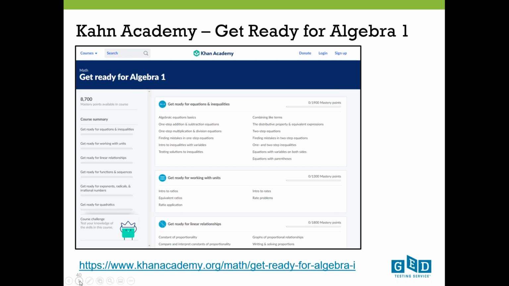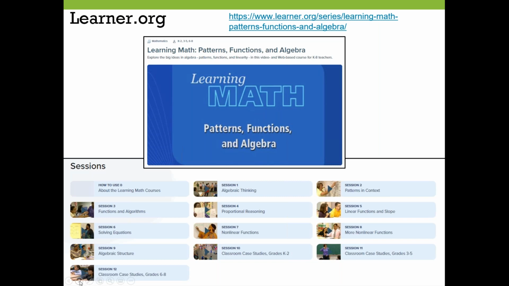You know, the Khan Academy, they have a great section here on getting ready for Algebra 1. And if you take a look at the different types of things that they have within it, great resource. Another thing you may want to do, learner.org. This is from the Annenberg Foundation.